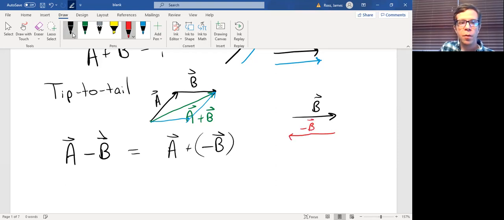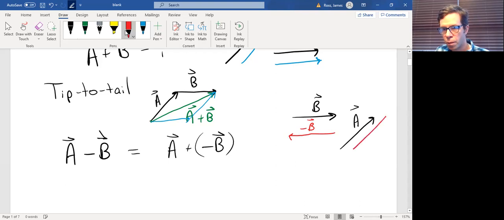If A is here, minus A is here. So that's what minus A and minus B would look like.